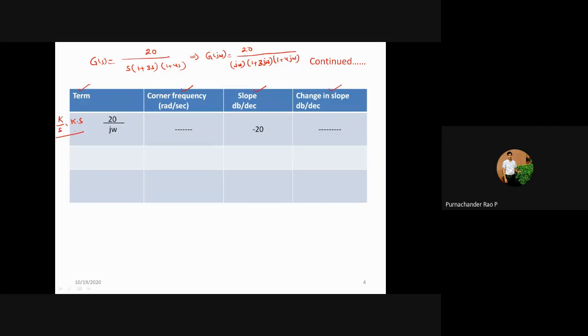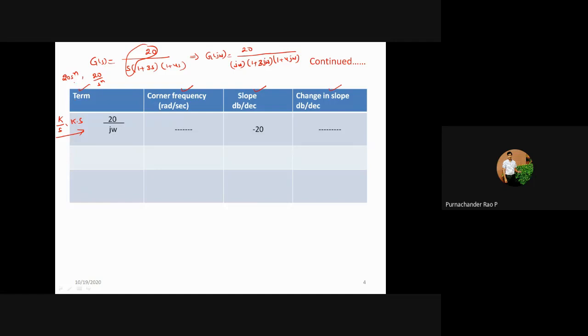In our problem we have been given some constant k by s, maybe s square or s cube; you may get any value, or you can also get 20 times s or s power n, or 20 divided by s power n.